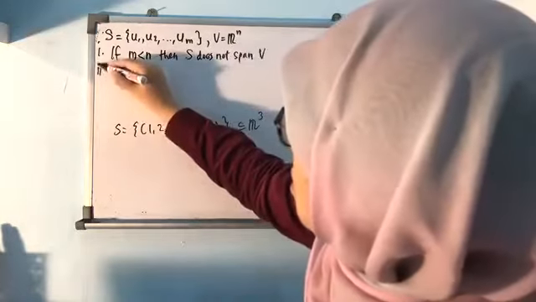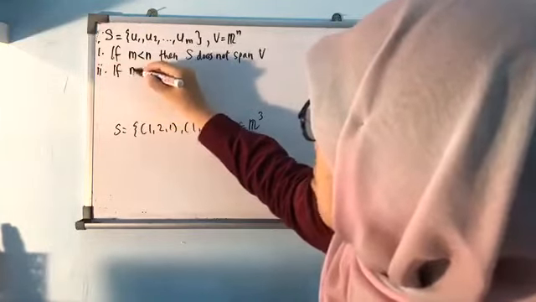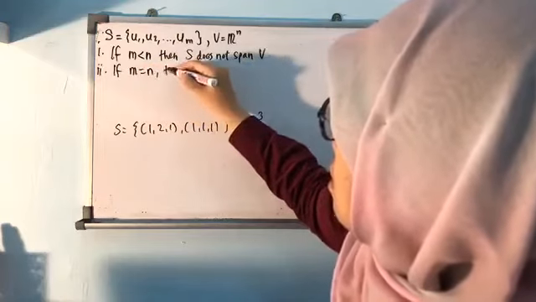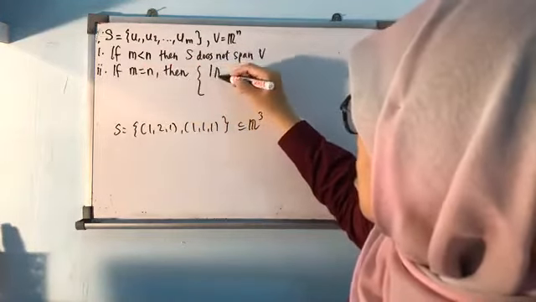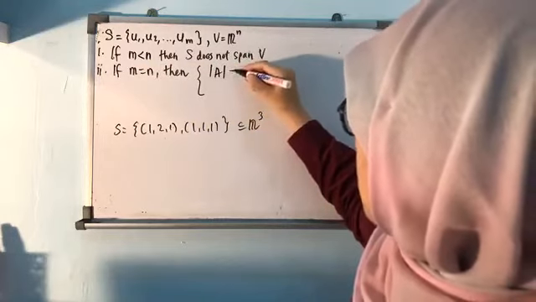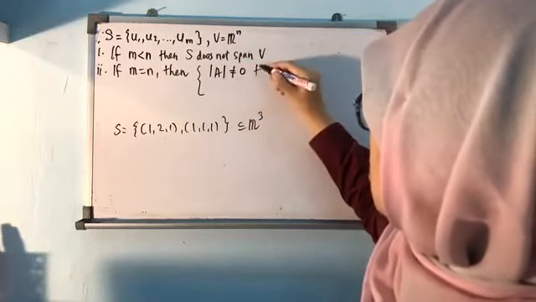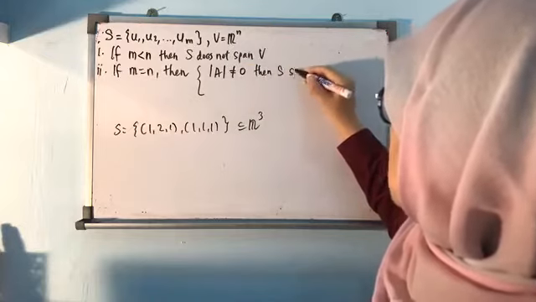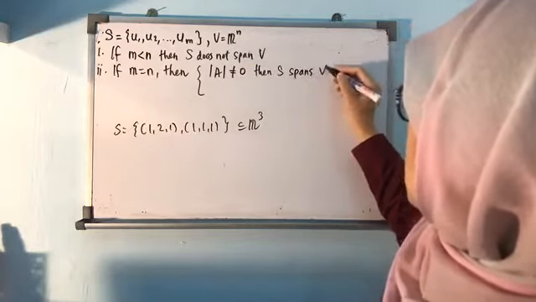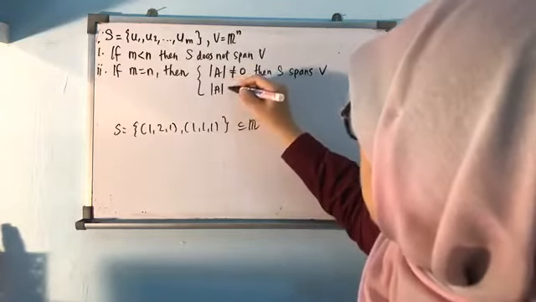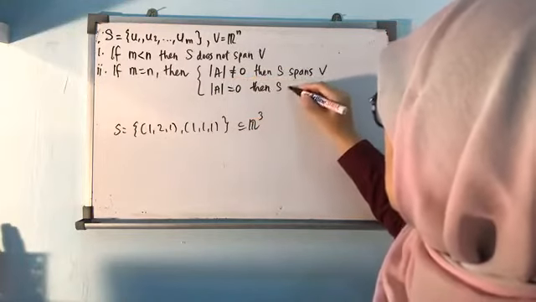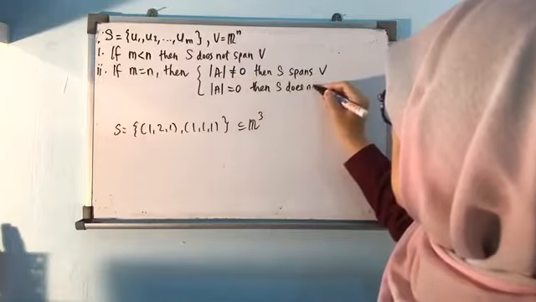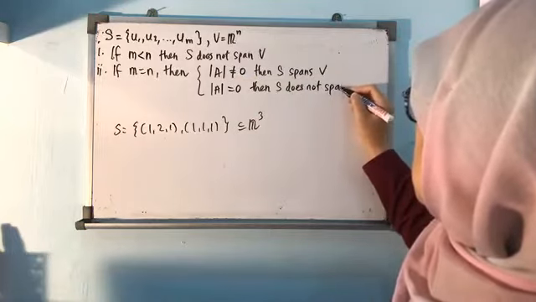Yang kedua, if M equals N, then kita bagi dua kan. If A is not 0, then S spans V. If the determinant is 0, then S does not span V.